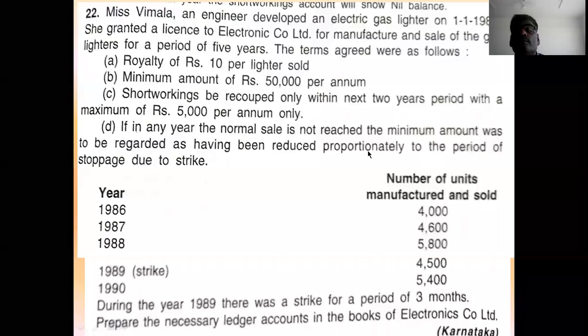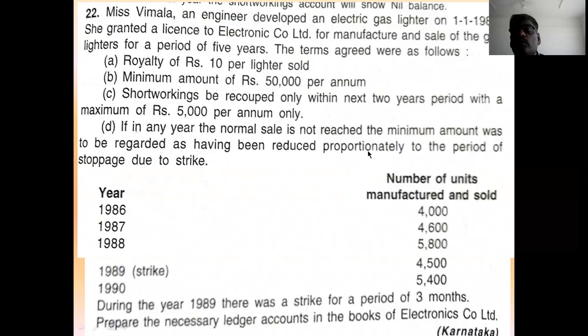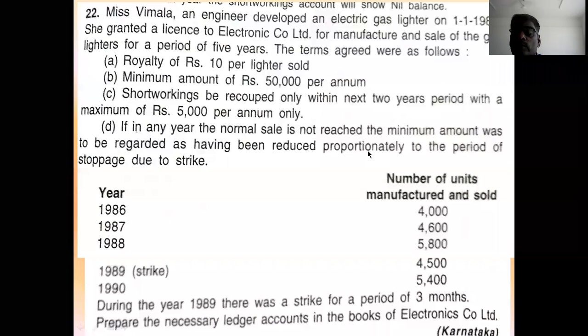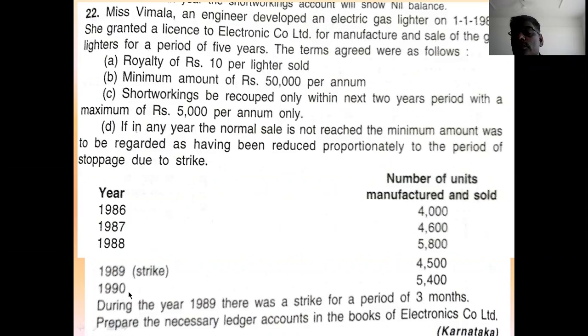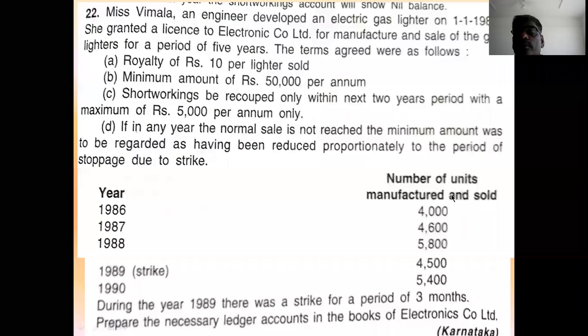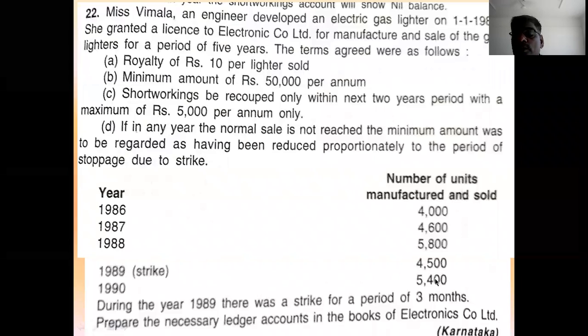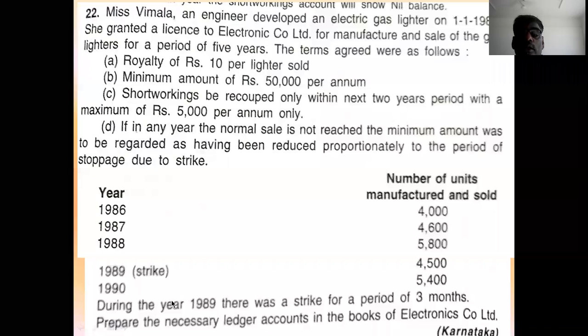Regarding the strike, the minimum rent is to be revised proportionately. Proportionate reduction is to be made in the minimum rent in consideration of the strike period. Okay, this is the point. The year information is given from 1989 with a strike to 1995, with the number of units sold and manufactured, and in the year 1989 there is a strike for 3 months.